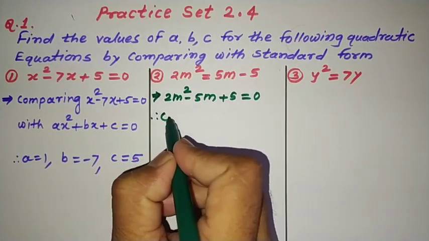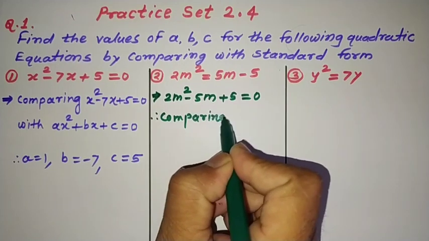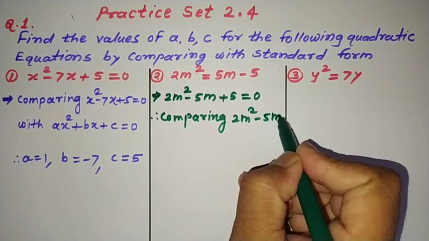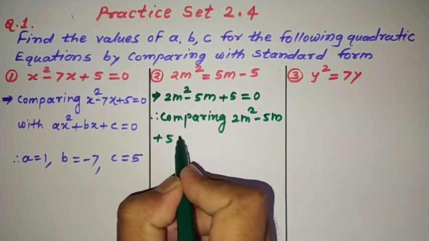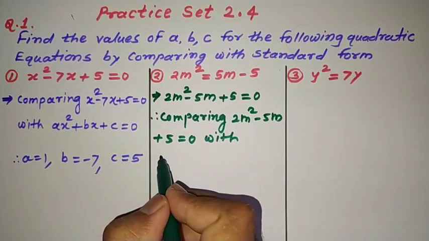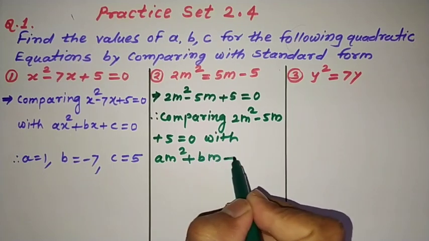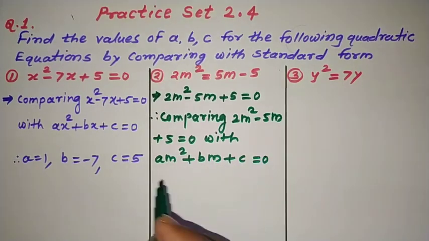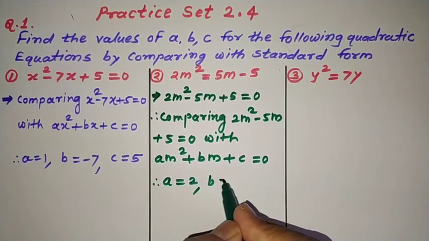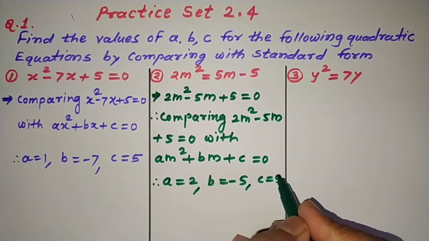Comparing 2m square minus 5m plus 5 is equal to 0 with am square plus bm plus c is equal to 0. Therefore, a is equal to 2, b is equal to minus 5 and c is equal to plus 5.